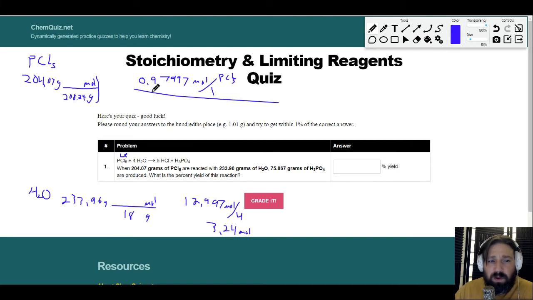Since we've already calculated this, I'm just going to hold on to it: 0.97997 moles of PCl5. And what are we trying to get to? We're trying to get to grams of phosphoric acid.